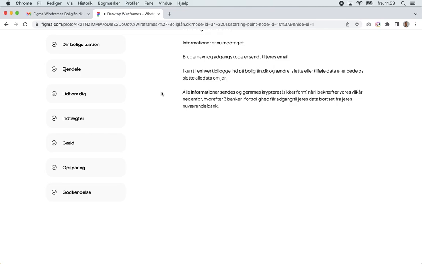I also like that when you clicked on yes or no, it scrolled out the other questions regarding the yes or no. So it's not like you have all the questions at once. I like this animation, this filter actually. It makes it intuitive and easy to see when you click on it. When you go through the questions, it just scrolls out the opportunities and that makes it easy.